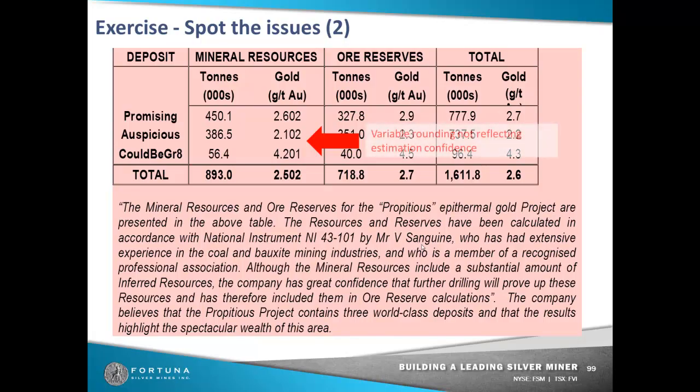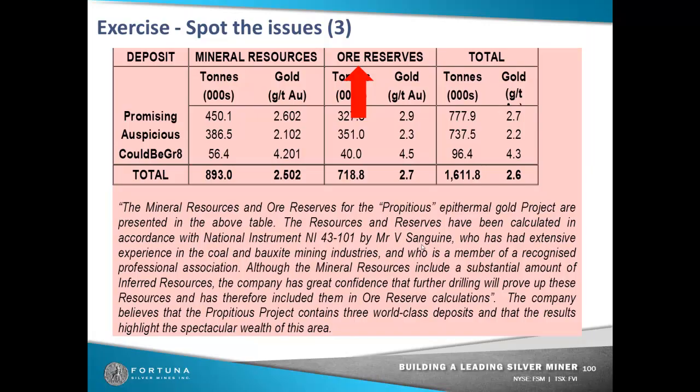So the reporting to 3 decimal places is an inappropriate level of rounding, suggesting a much higher level of confidence in the estimate than actually exists. So reporting to 3 decimal places is likely to be inappropriate in this circumstance.